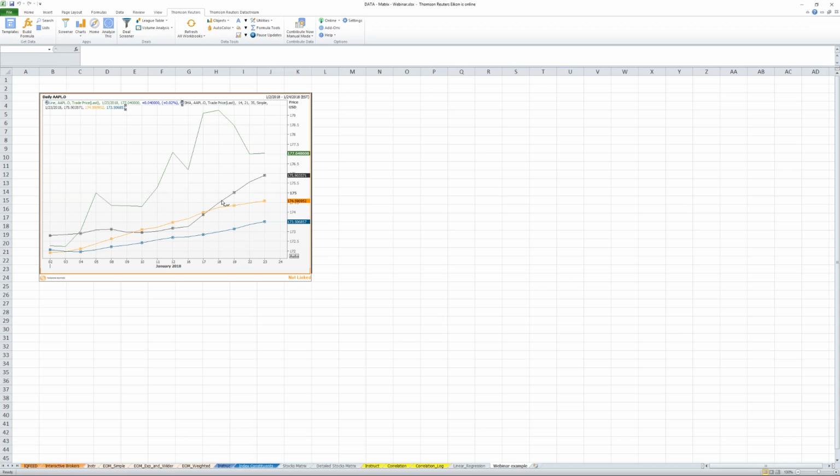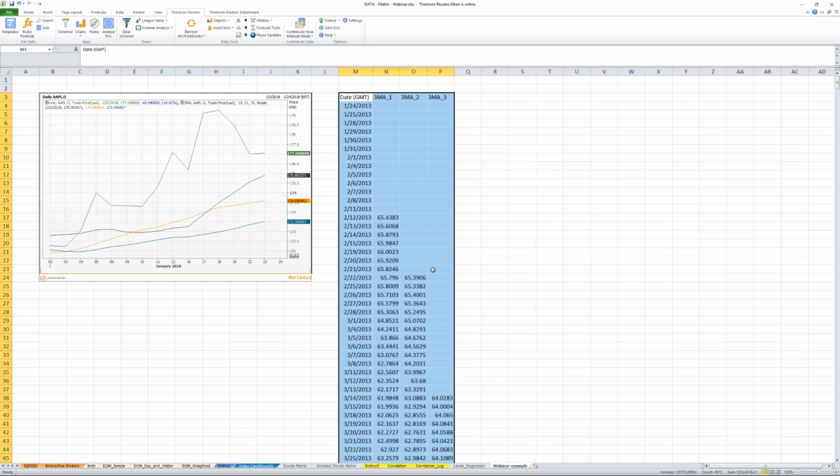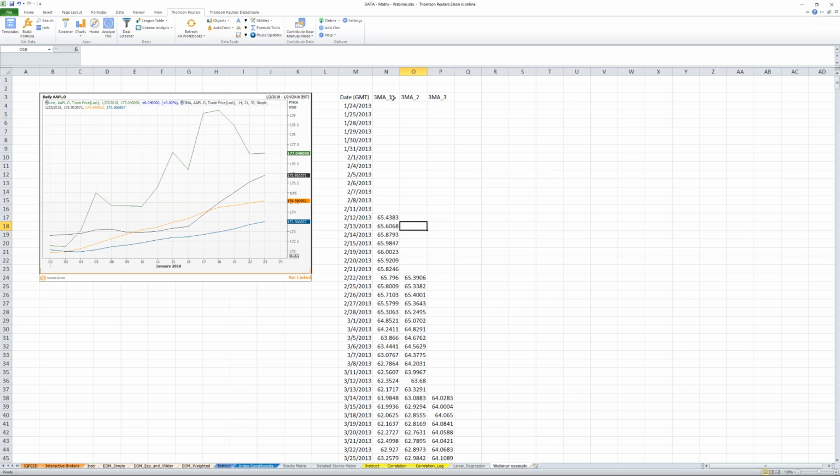Here we have the moving averages, and then we get the data. The way I get the data is this. Here we have a simple moving average: this is about 15 periods, this is 20 periods, and this is 30 periods.